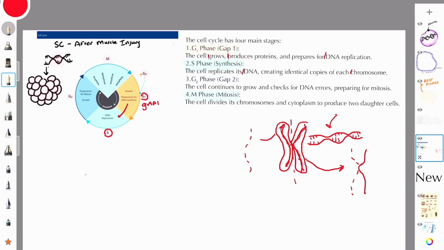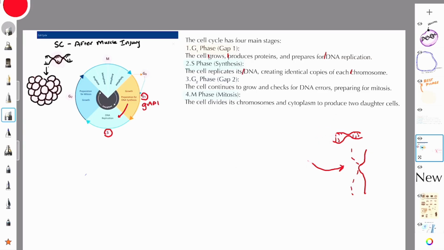Well, now we have to replicate DNA to build that other side so that we have full representations of that genetic chromosome, right? So that is going to happen in the S phase, the synthesis phase, where we are synthesizing genetic information so that both new cells have the exact same genetic material, right? We don't want to have any changes or mutations in genetic material.